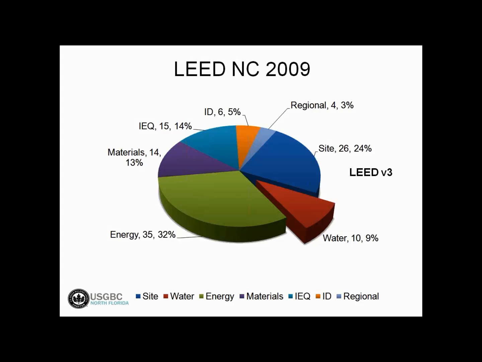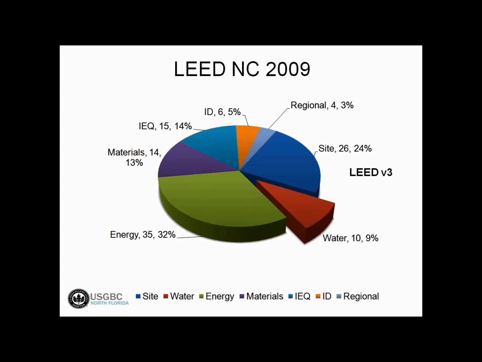Sarah reminded me of a point I forgot to talk about when we were talking about the points and the 100-point system. In addition to the points, there are prerequisites, things that you have to do to get your building certified. They're a little different for each of the different rating systems, but I don't know if I have a place where we're going to go over them before.